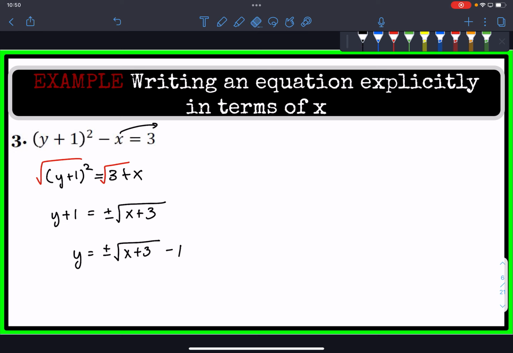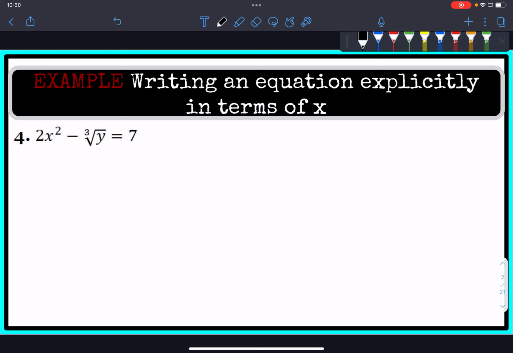And make sure that I indicate that the minus 1 is not underneath the square root. So let me just put a little tail to it, so whoever's reading this hopefully understands that I'm subtracting 1 from the positive and negative square root of x plus 3. So this equation is now explicitly in terms of x. Again, we know y explicitly equals all of this where x is the input, my variable.